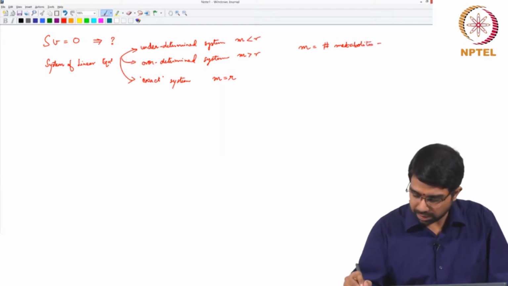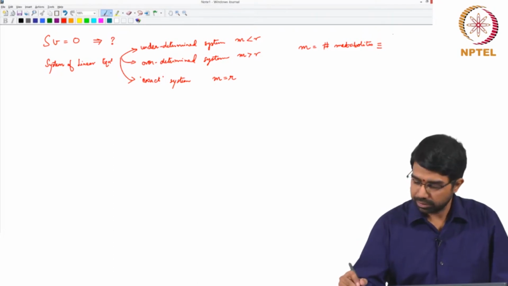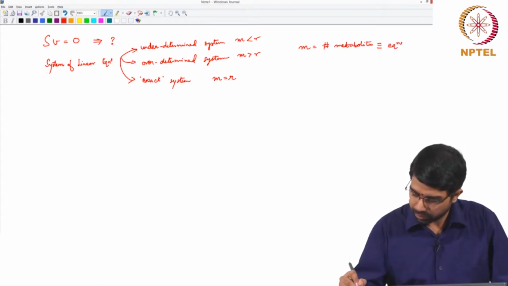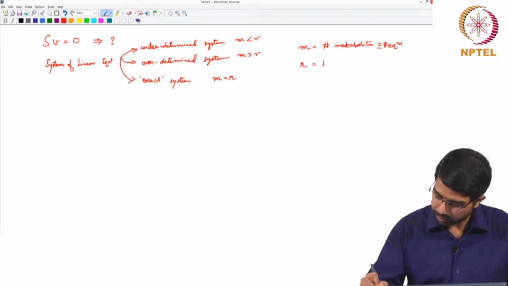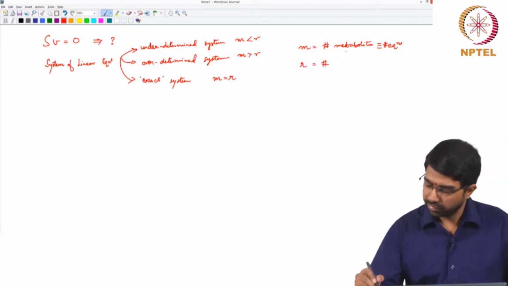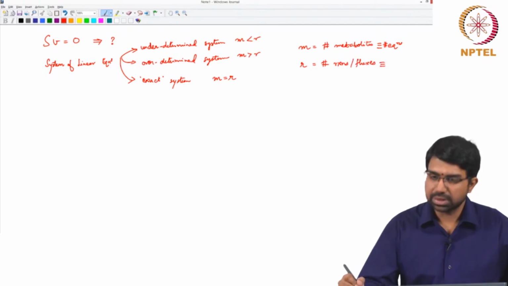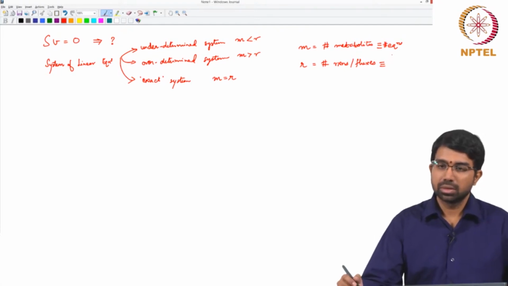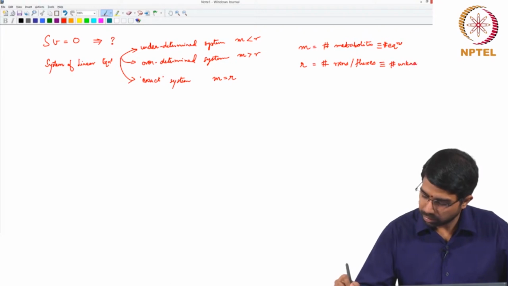m is the number of metabolites, which is the same as the number of equations. Every metabolite has an equation. r is the number of reactions or fluxes, which is the same as variables or unknowns.